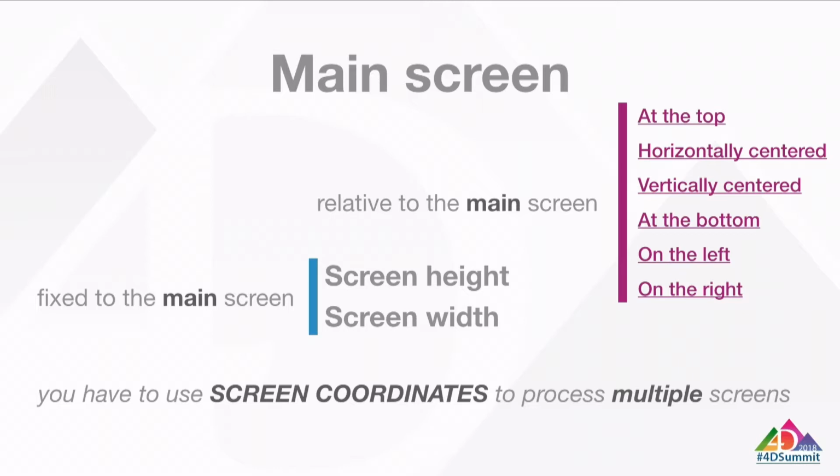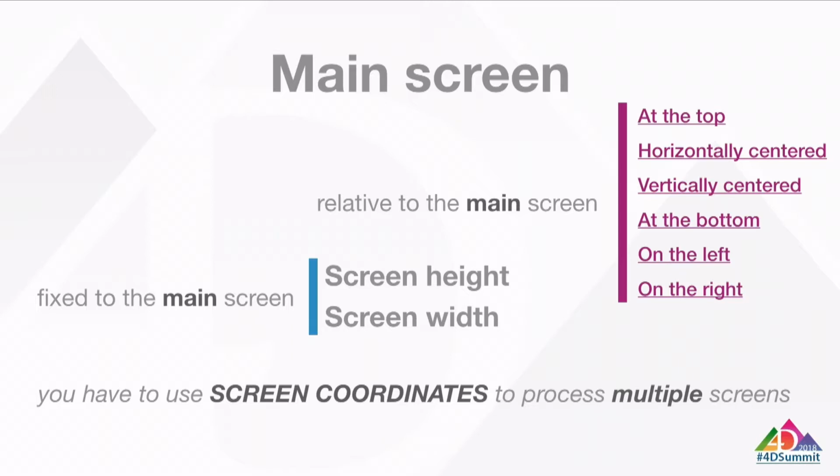Screen height and screen width will always return the height and the width of the main screen. So you can call these commands on a second screen, it doesn't matter. The height and width of the main screen is always returned. See? And there are constants you can pass to open form window, such as at the top or at the bottom, on the left, on the right, and so on. These, again, apply to the main screen.